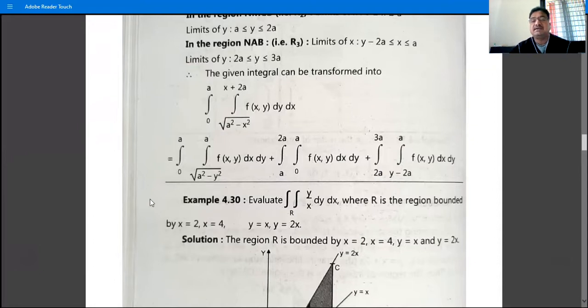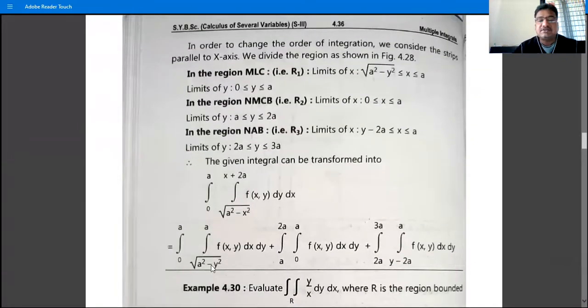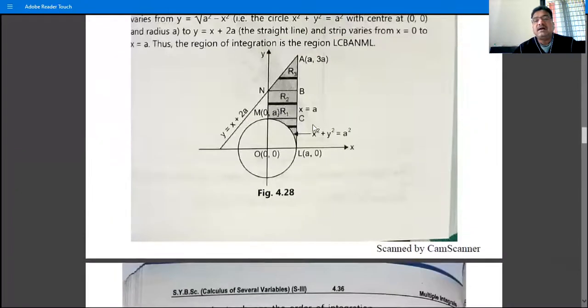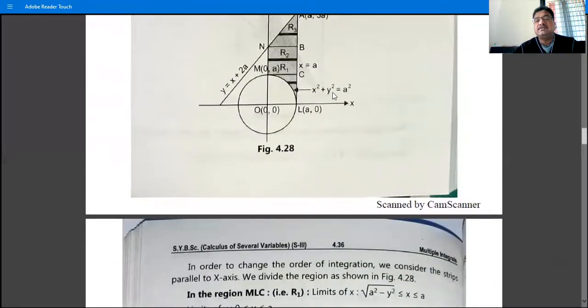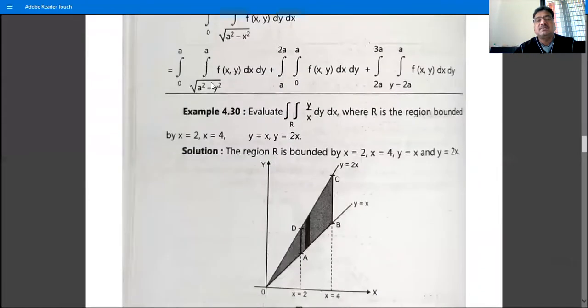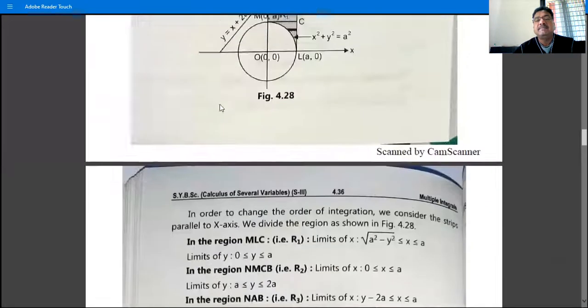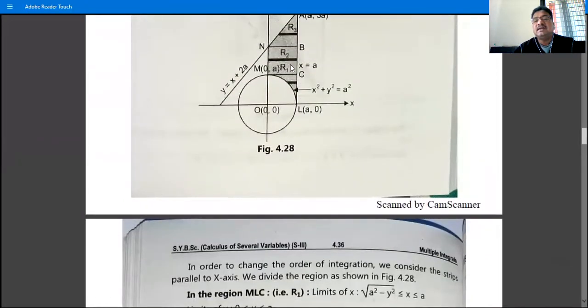Then write the step: in the region R1, x runs from one end of this strip, which touches the circle x square plus y square is equal to a square. So find the value of x. x square is a square minus y square, and therefore x is plus or minus root a square minus y square. So minus root a square minus y square is the lower limit, and the other end touches the line x is equal to a.